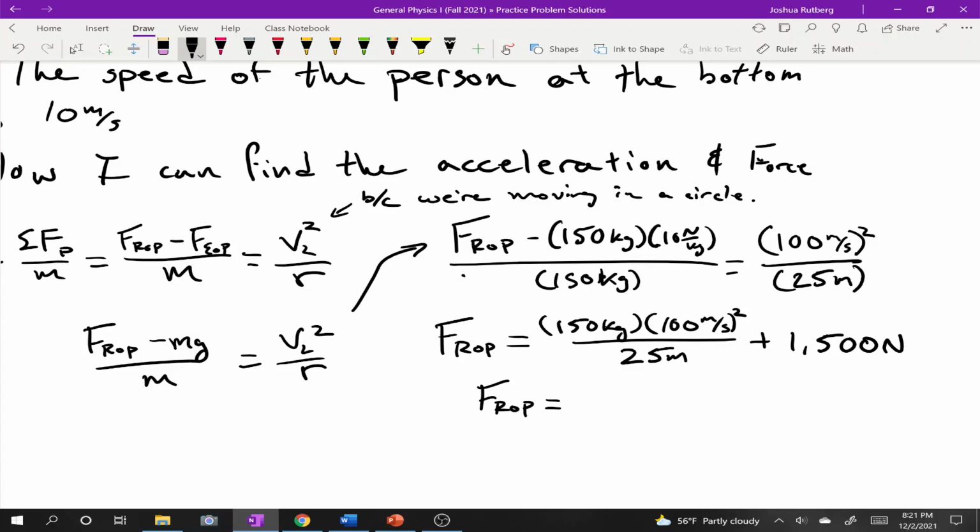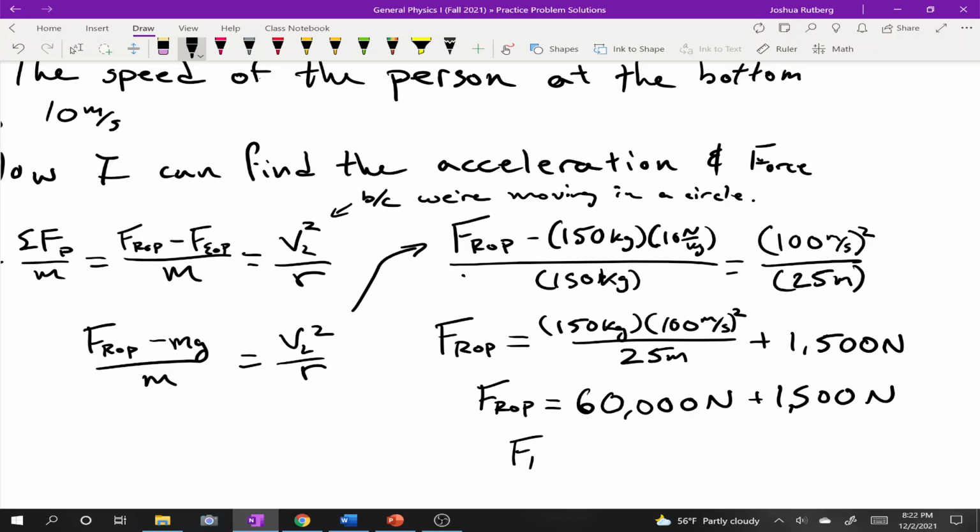So the force the rope exerts on the person is, I have to actually use my calculator for this. 150 times 100 times 100 divided by 25 is 60,000 newtons plus 1,500 newtons.